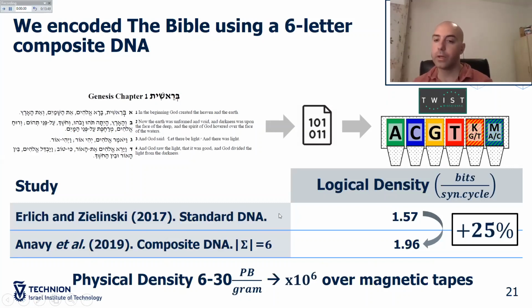And we achieved a 25% increase in the logical density, meaning we actually saved 25% of the synthesis cost for this specific message, while we still had a physical density of around 6 to 30 petabytes per gram, which is 6 orders of magnitude higher than what we know today.